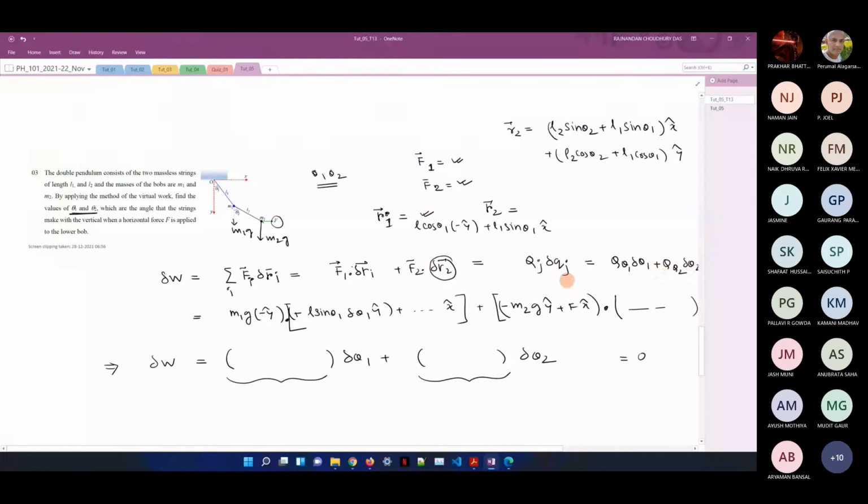Now you know that these are in terms of generalized coordinates, so you can simply write Q theta 1 equal to 0 and Q theta 2 equal to 0. You cannot write from here F1 equal to 0 and F2 equal to 0, because they are not in terms of your generalized coordinates. But once you convert it in terms of your generalized coordinates, you can separately write Q theta 1 and Q theta 2 equal to 0. You try this approach also, you will get the same thing.